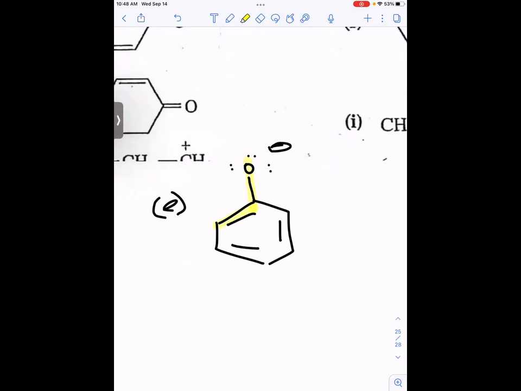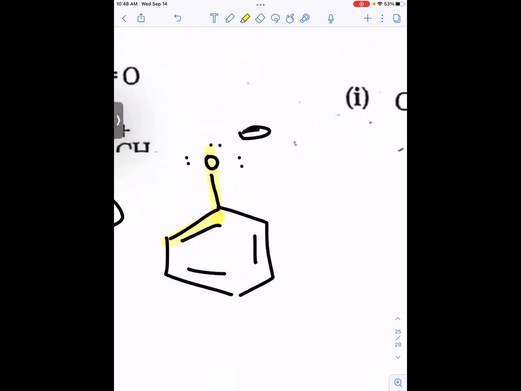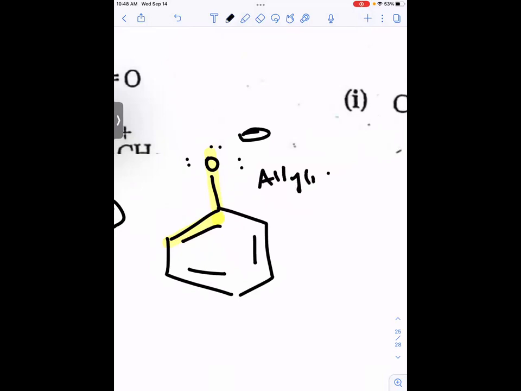It's got a negative charge atom on one end, and that atom is connected to a pi system. Allylic anion. It is. And once we know that, then what else do we know? How the electrons move. This is the donor, the pi bond is the acceptor. So we now know how to push the electrons. We're going to do this and that.